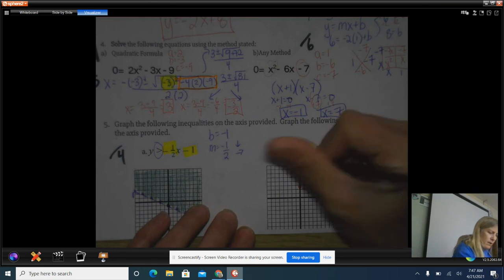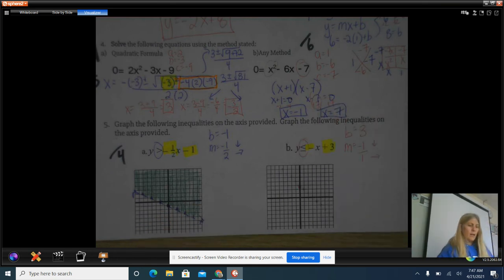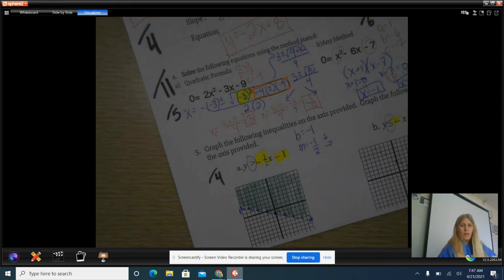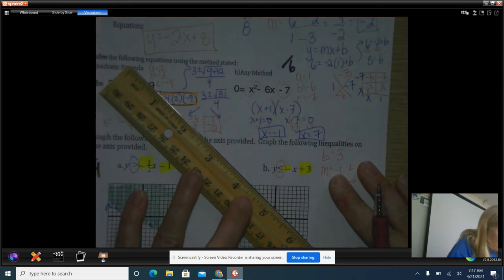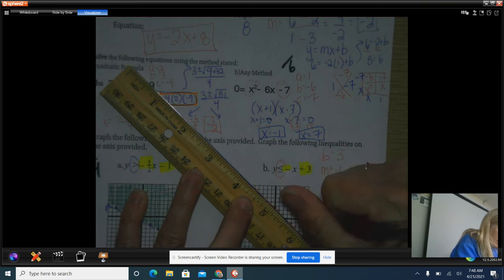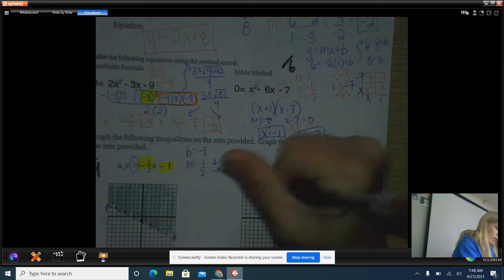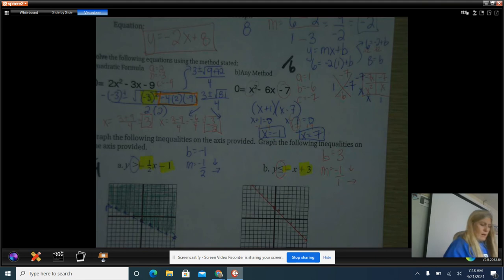Okay, we're now going to look at that inequality. It is a less than or equal to. The equal to portion tells me to go ahead and make a solid line, arrows on both ends, and less than tells me that I'm going to be shading below.